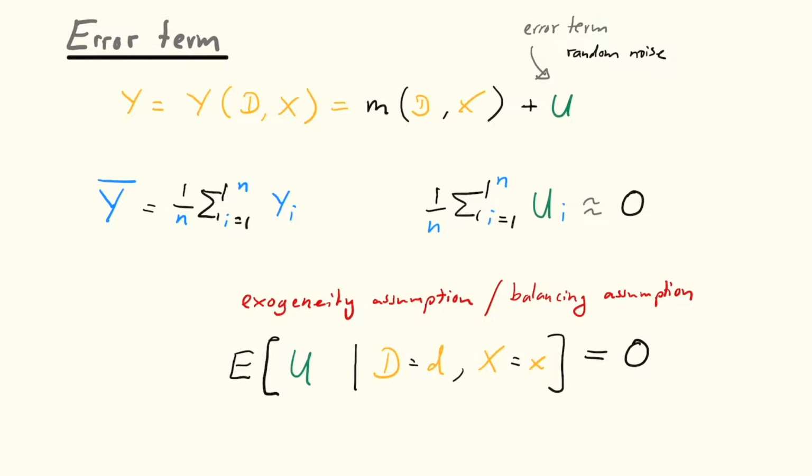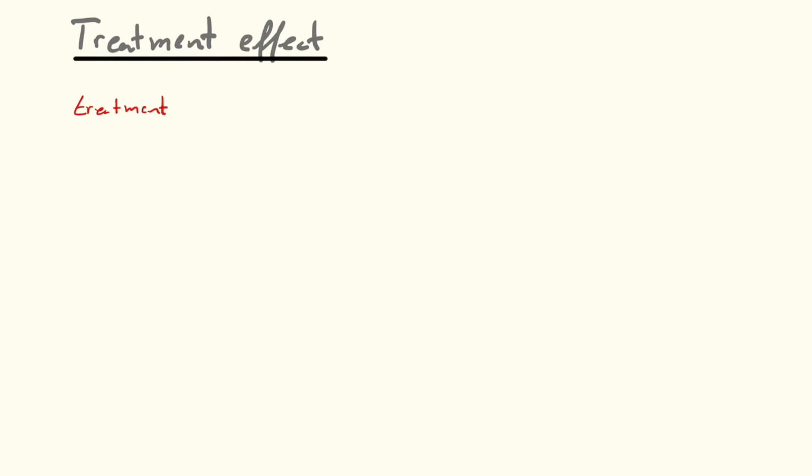When we think about a ceteris paribus change, we're only changing D. We're not changing X, and we're not changing U. What does this mean for our treatment effect? The treatment effect compares the outcome in the counterfactual world to the actually observed outcome.